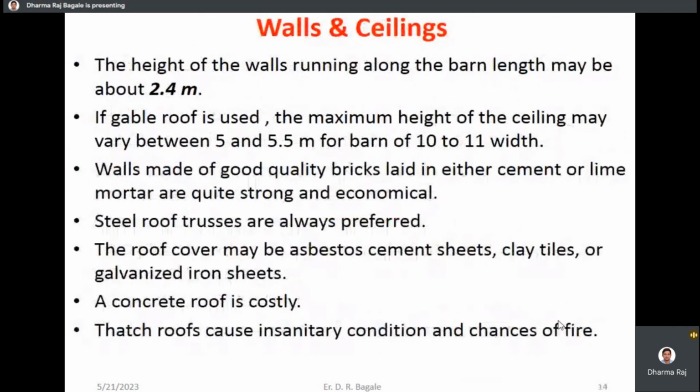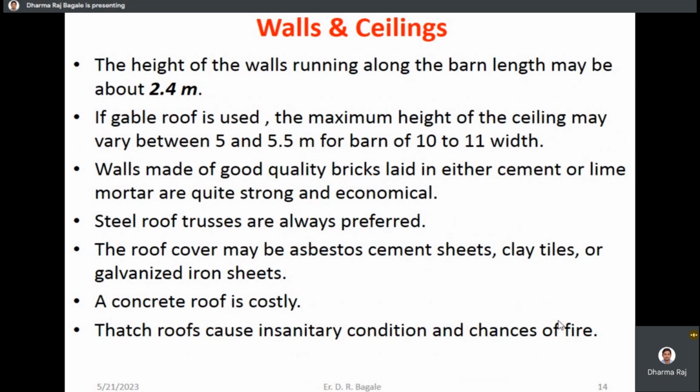Okay, then here come the walls and ceilings of this animal shed. We already talked about the height of the side wall, which should be 2.4 meters. This should be sufficient.